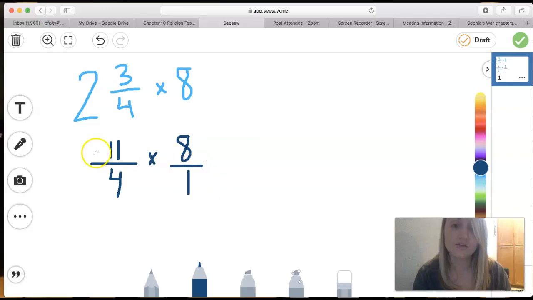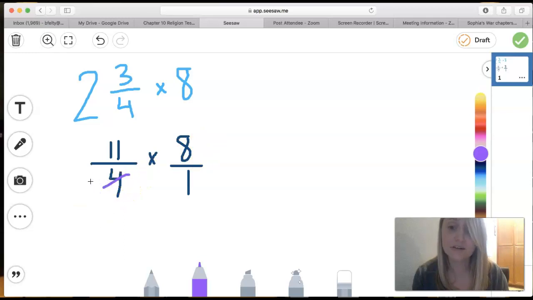And then you can either, again, multiply straight across, or you can do the trick. I'm going to keep doing the trick because now that we're working with mixed numbers, it's going to become bigger numbers. So using the trick is extremely helpful. So 11 and 1 don't have anything in common. 8 and 4 do. They have 4.